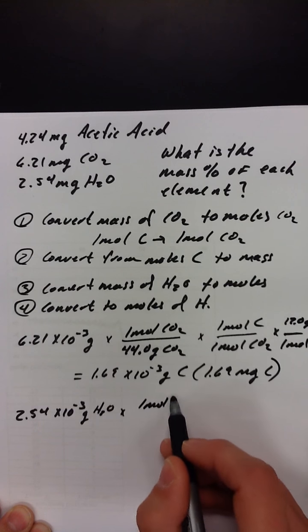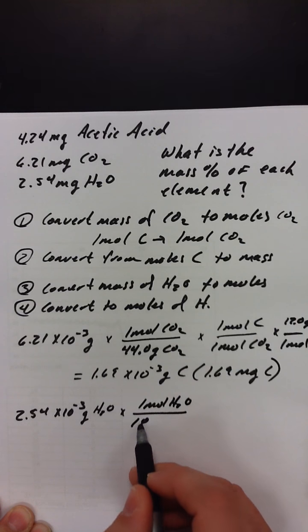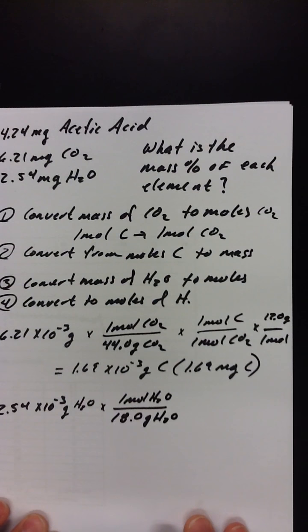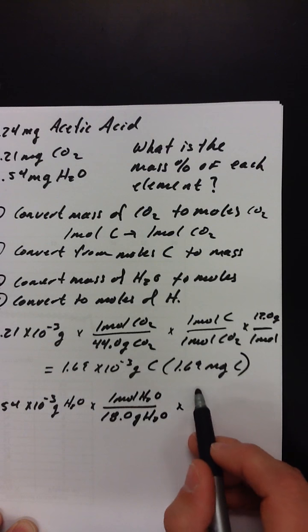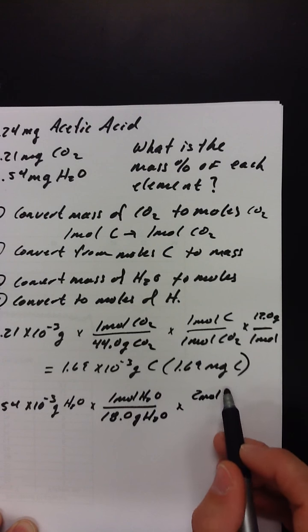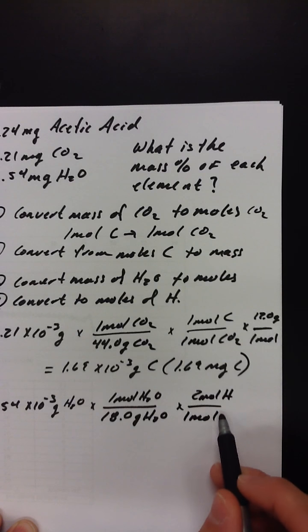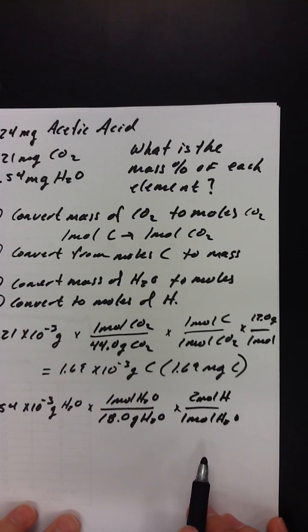So 1 mole of water weighs approximately 18 grams. So there's a molar mass. We know that 2 moles of hydrogen are produced for every 1 mole of H2O.